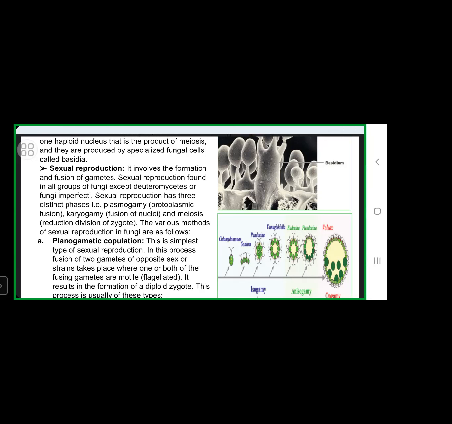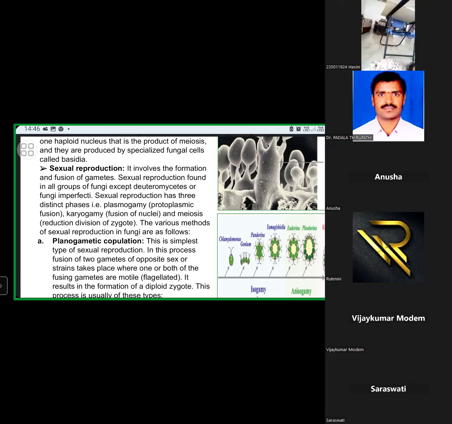The first one is planogametic copulation. Actually, this is the simplest type of sexual reproduction. What is planogametic copulation?